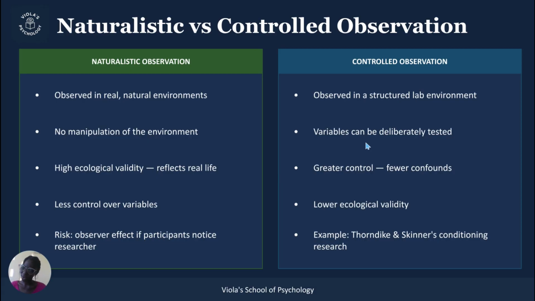Of course, you know about behavioral psychology. Well, if you don't know, we're going to learn about it after all. In this observation, the researcher controls what the subject encounters. They are the ones that set the variables and test them on the subject.